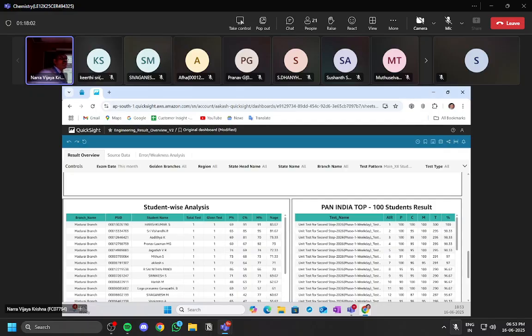Pranav Lakshman. Jagadish VR. Mithun. How many marks? 73, 68. Chemistry only less mark.